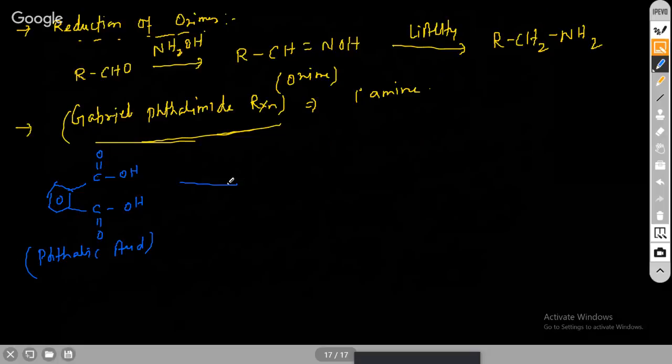When this reacts with NH3, the 2 hydrogens from this nitrogen take this OH and OH, forming 2 moles of H2O. And the compound that you get here is this: C=O and C=O remain as they are, and these 2 carbons are attached with NH. Understood?